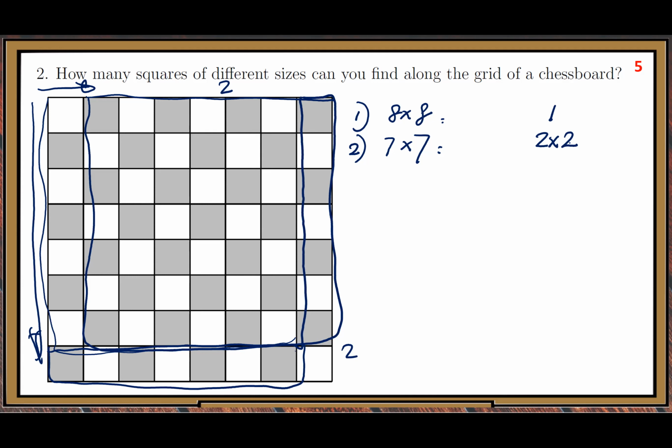Then next one, you notice some rule, right? 6 by 6. Number of squares of size 6 by 6. Horizontal 3, right? Vertical 3, 3 by 3. Now you can do the analogy for all the possible sizes. 5 by 5, 4 by 4, right?